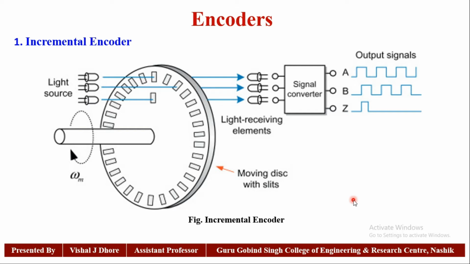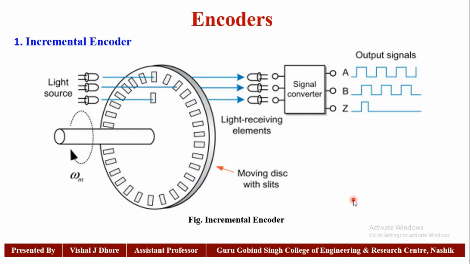Position of the shaft is determined by counting the number of slots that pass by the photosensor, where each slot represents a known angle. This encoder system requires some initial reference point, which may come from a second sensor or reference sensor.